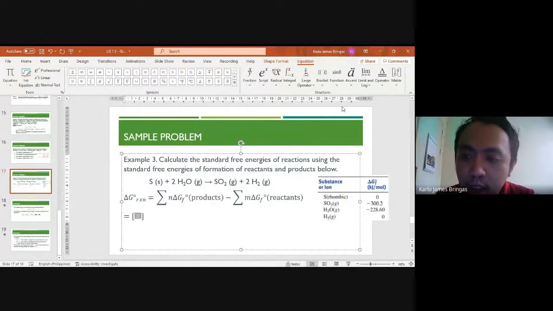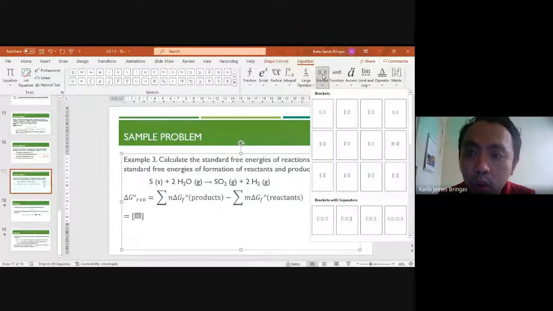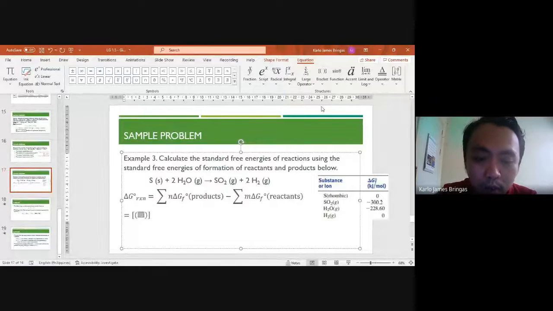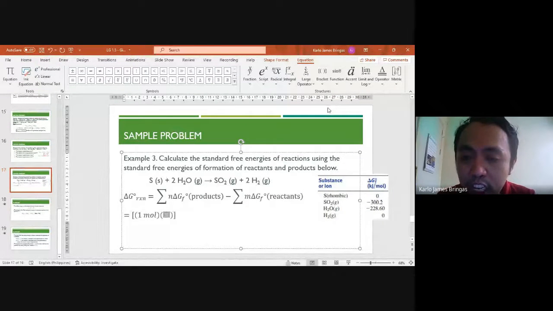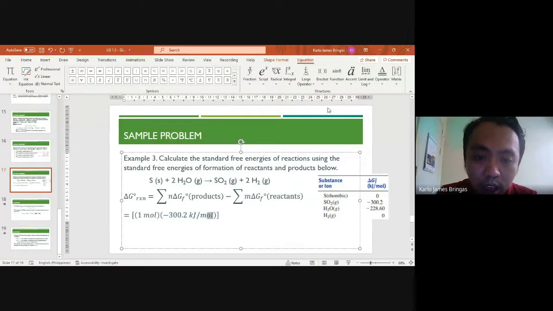So for the products, you have your SO2. That's 1 mole ng SO2 times the Gibbs energy of formation ni SO2, which is negative 300.2 kilojoule per mole. Again, notice that the mole here cancels out the mole that it is multiplied with. And ang matitira na lang is kilojoule.